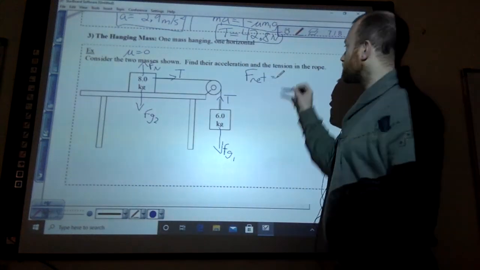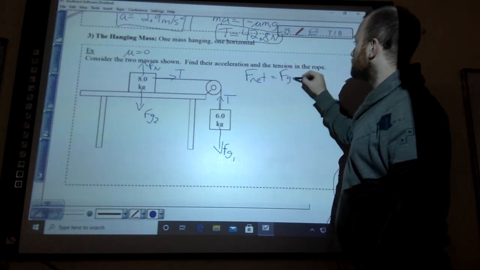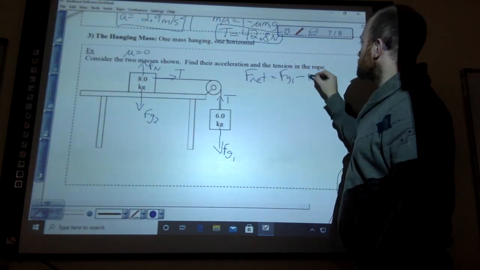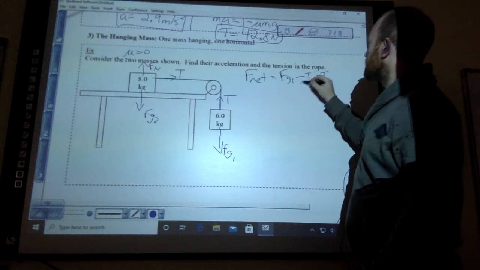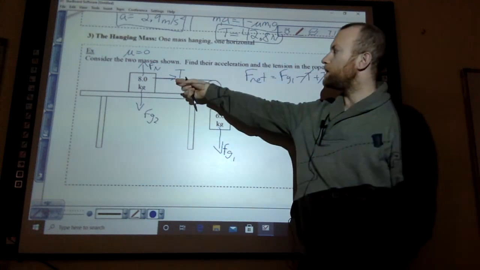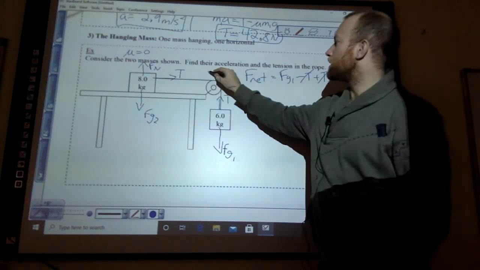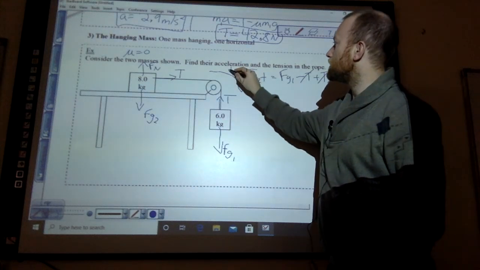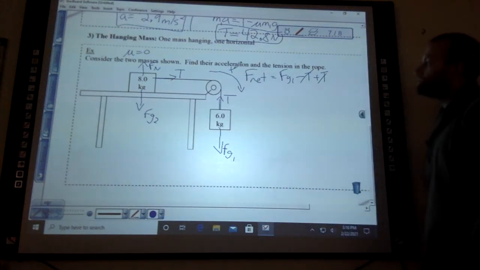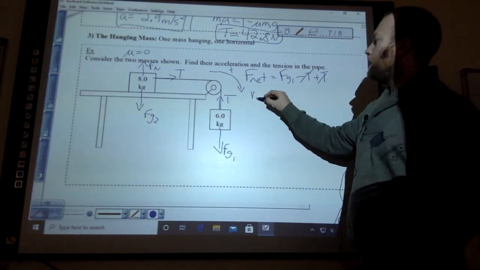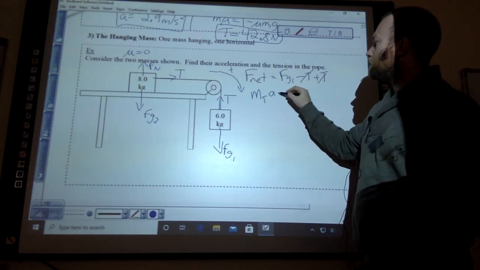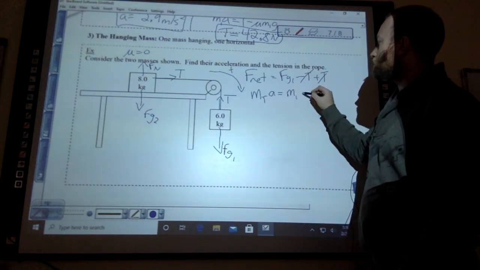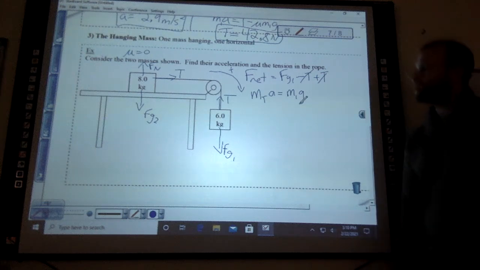So my positive force, Fg1, minus tension plus tension. And the tensions cancel. Positive tension, negative tension, because we're moving in this direction. So this is the positive direction. So my mass total times acceleration is simply equal to mass 1 times the acceleration due to gravity.